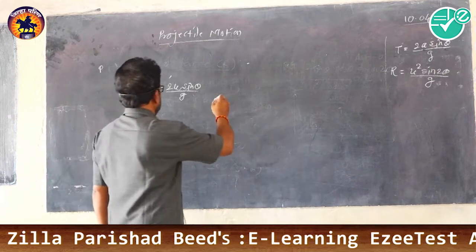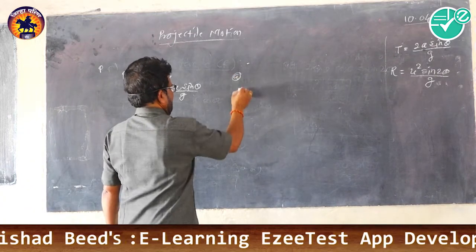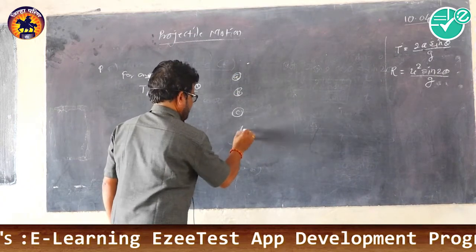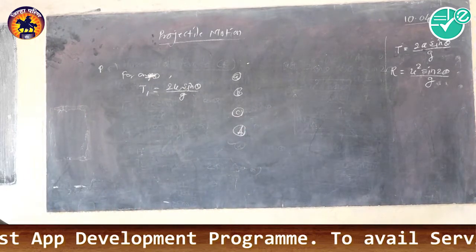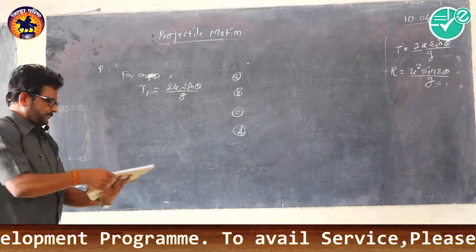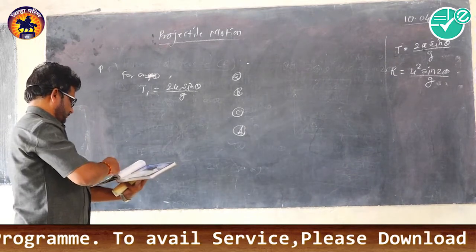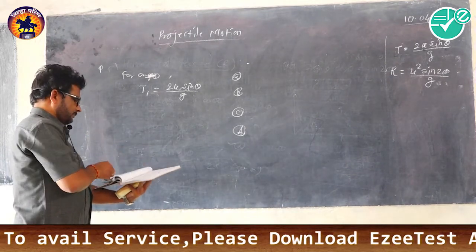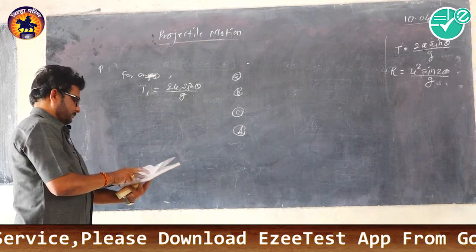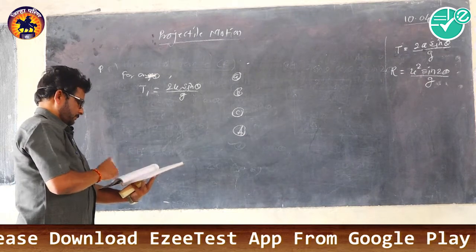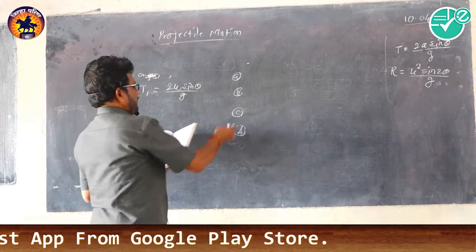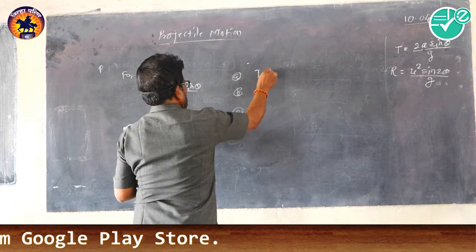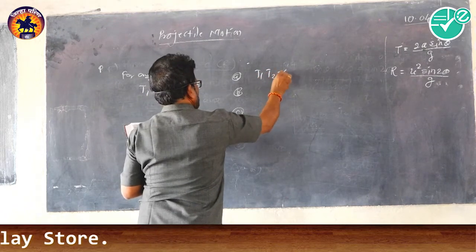The options will be like this: T1 T2 is proportional to R square.